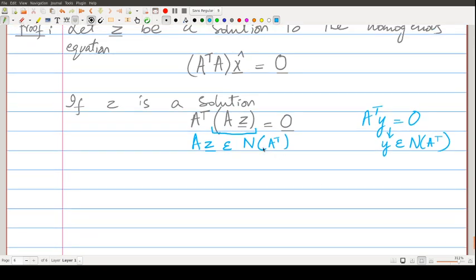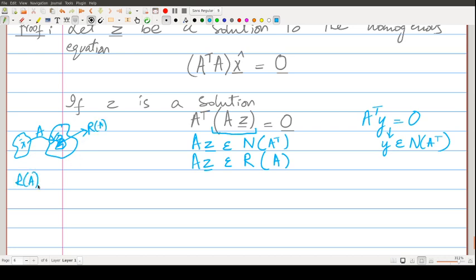So that's one of the facts that we have. Az is in the null space of A transpose. But also notice that Az is in the column space of A, and that's actually a trivial thing to say, because for any vector x, if I multiply it by A, I'm just taking it to the column space of A. This is the column space of A by definition.